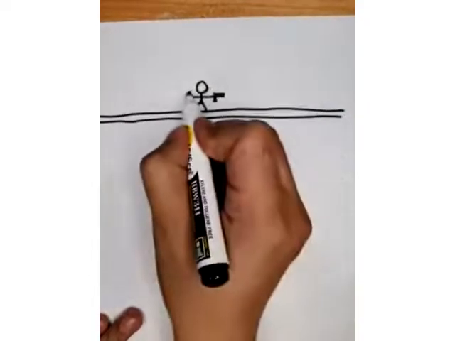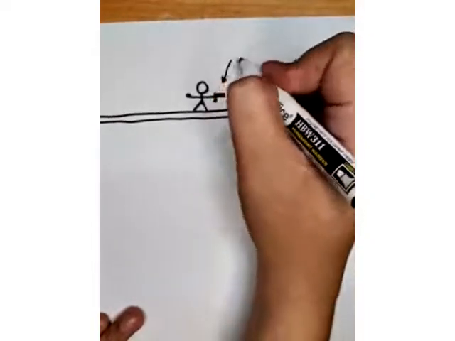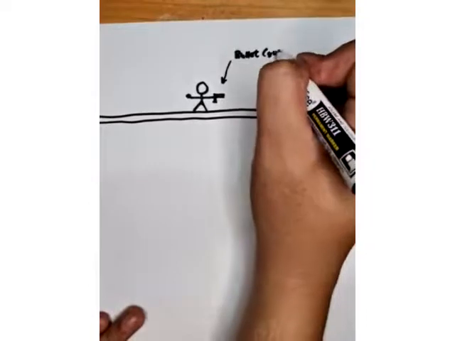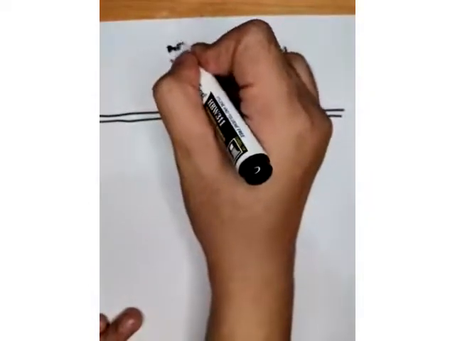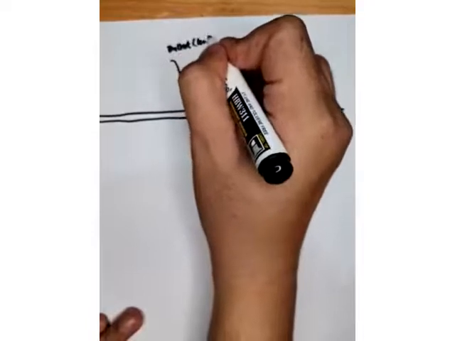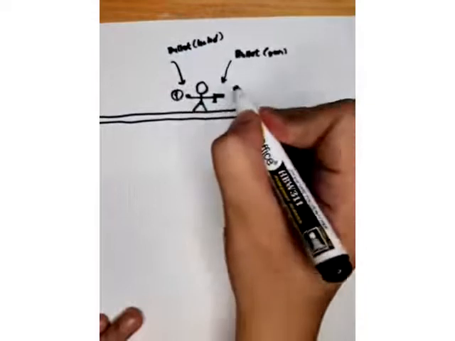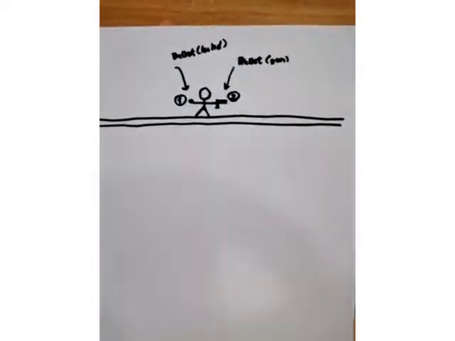Sa kabila, meron lang siyang hawak na bullet. So, yung bullet sa gun, and then bullet lang sa hand. Okay, same level. So let's call this bullet 1, and then let's call this bullet 2.